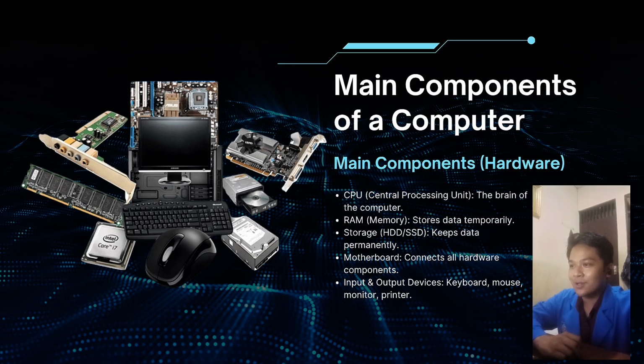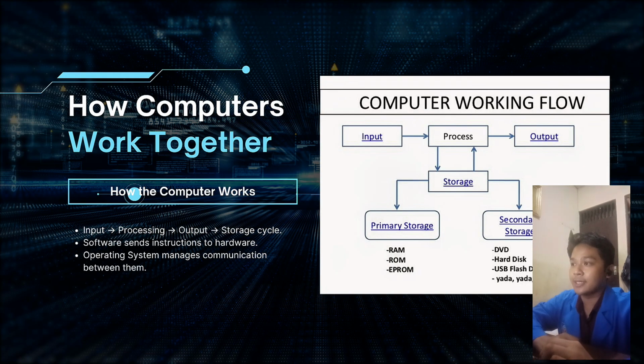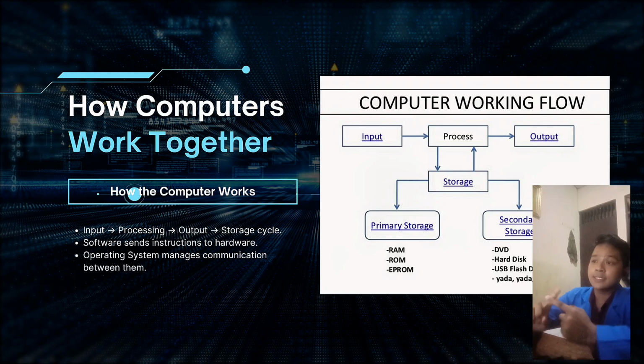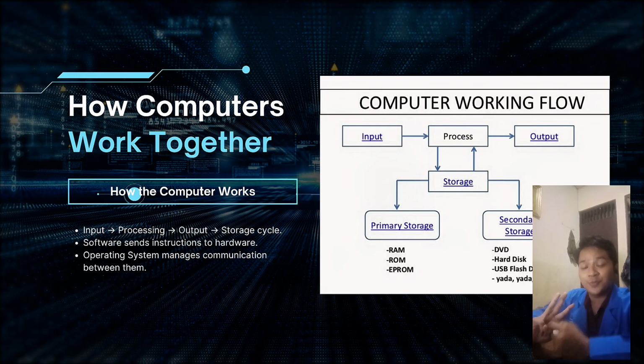Okay, so the next slide is how the computer works together. How do all these parts work together? The computer follows a simple cycle. The first is input, two is processing the data, and three is output, and then the data goes to the storage device to be kept permanently.